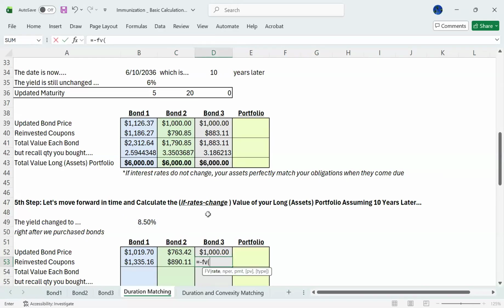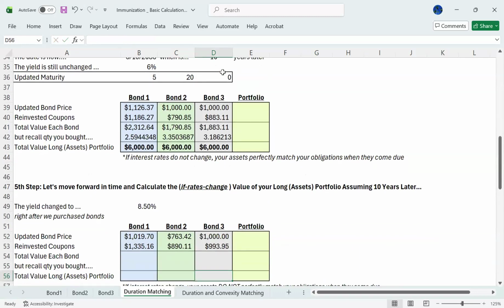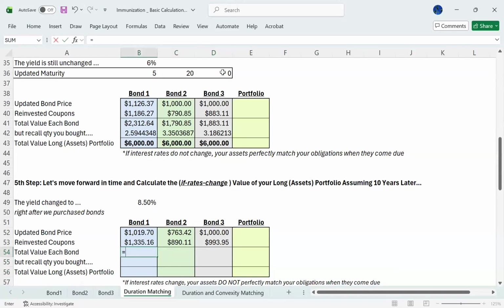Minus FV, the rate now is 8.5, the number of periods is 10, and the coupons that we received that were reinvested at the 8.5% were 1,000 times 6.7%. PV I'm ignoring, type I'm ignoring, and there we go. So what is the total value per bond? We're adding exactly the same thing we did before.